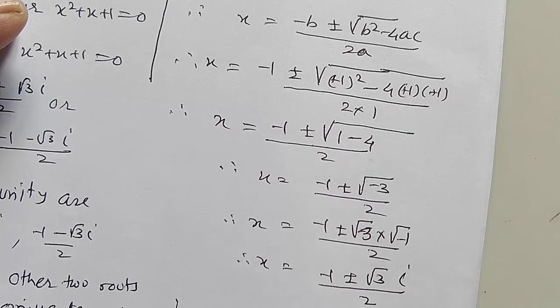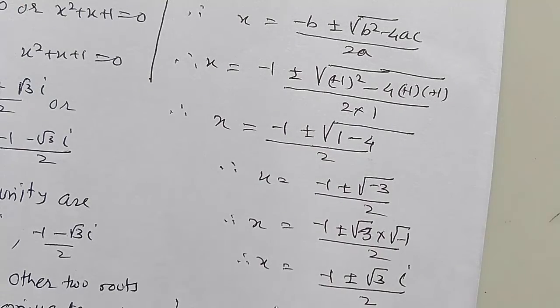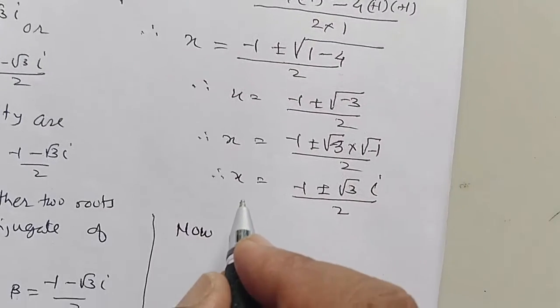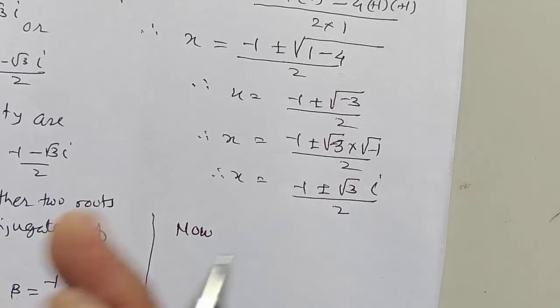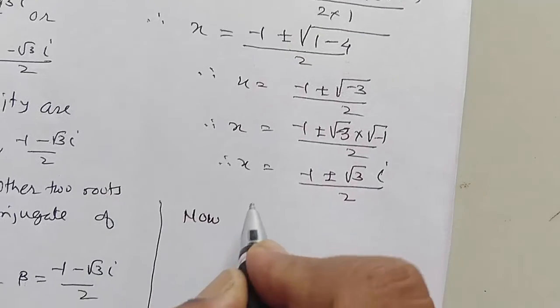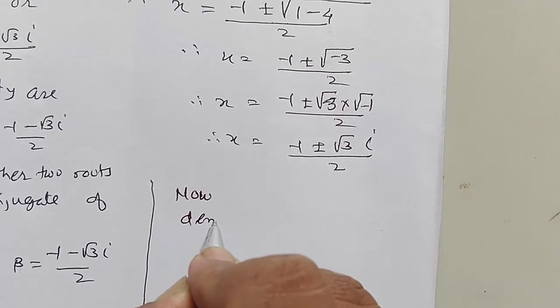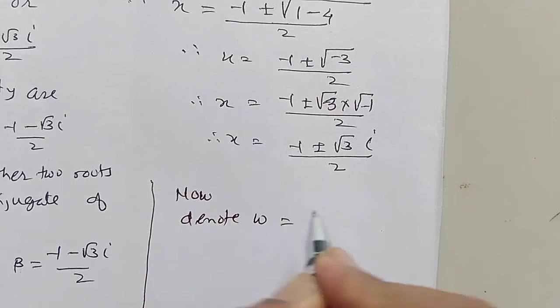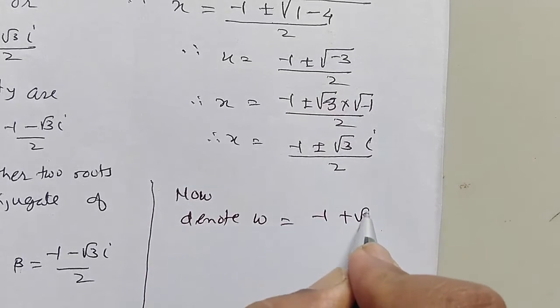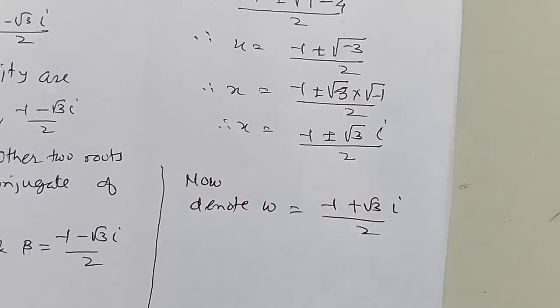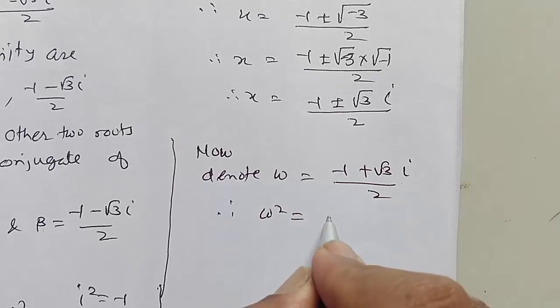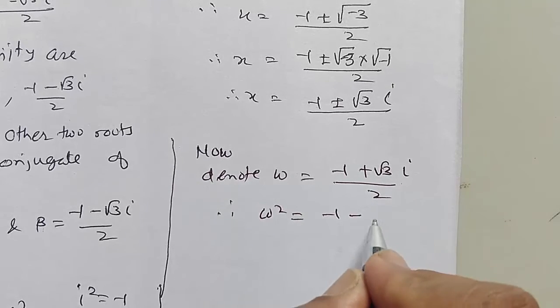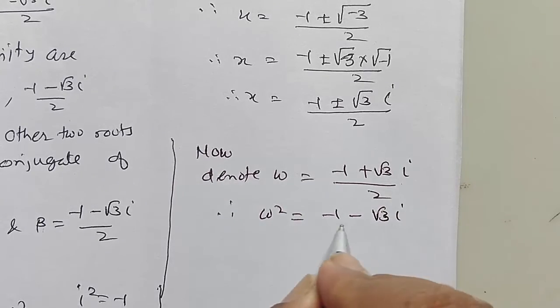Now we denote alpha, that is minus 1 plus root 3 i upon 2, by another notation, omega. Omega is equal to minus 1 plus root 3 i upon 2. Therefore, its square is minus 1 minus root 3 i upon 2.